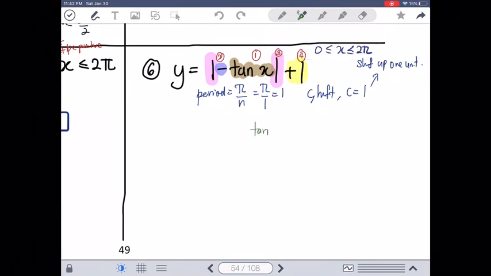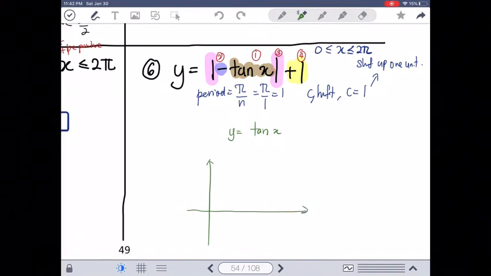Okay, y equals tan x. Just the basic graph, 2 pi, and this is pi, 3 pi over 2, pi over 2, and looking at the period, it is one cycle in every pi.